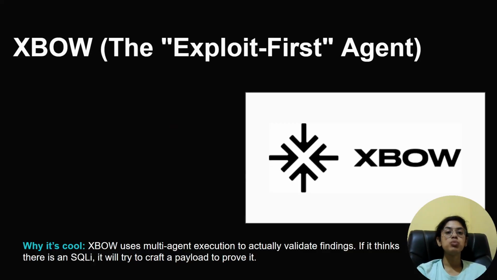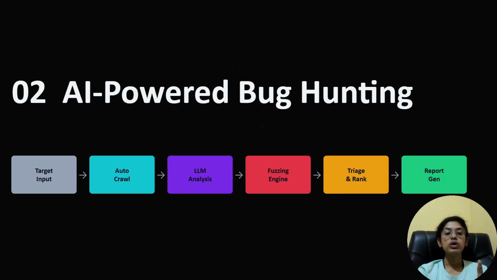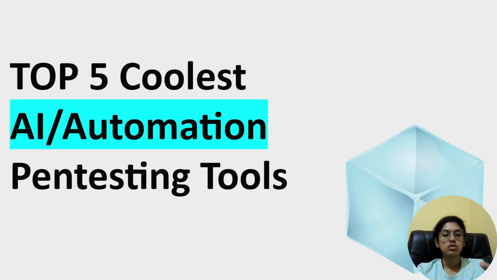First one is XBOW, the exploit first agent. Why is it cool? It uses multiple agents. If one agent is doing recon or auto crawling, another agent will do the triage and ranking, and another agent will generate the reports.